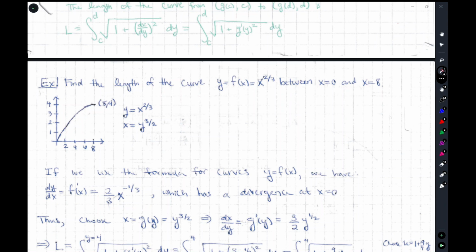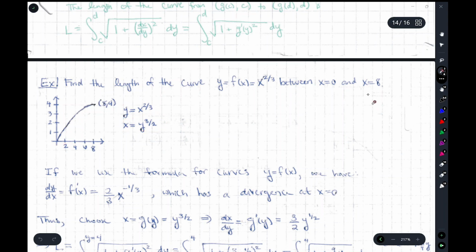Since our parameterization in x gives us an infinite derivative, why don't we just parameterize in y? That's what we'll do here, just to avoid that parameterization that gave us an unbounded derivative. And so solving for x in terms of y now, you'll get x is equal to y to the 3/2.